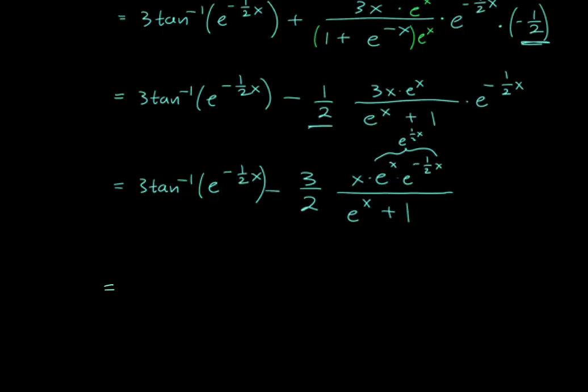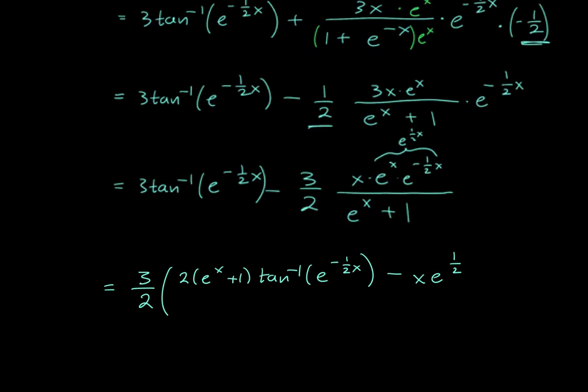Best way to do this: 3/2 times 2 times e to the x plus 1 times arctangent of e to the negative 1/2 x, minus x e to the 1/2 x.